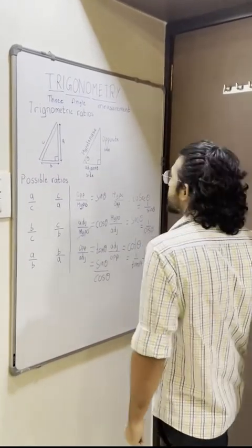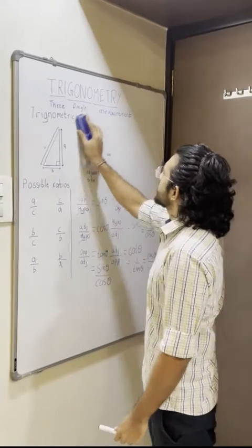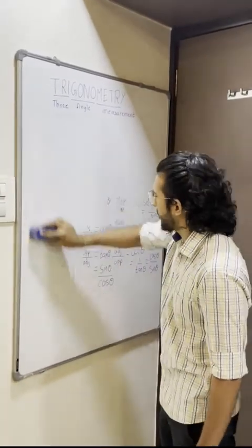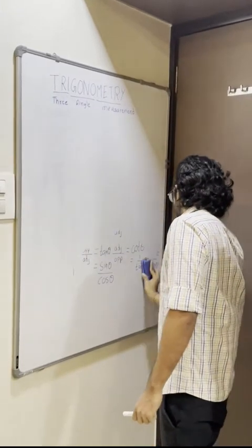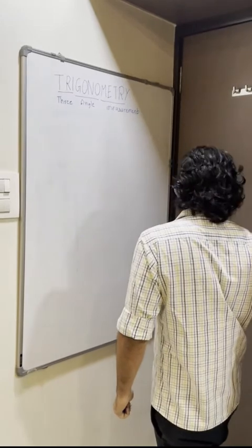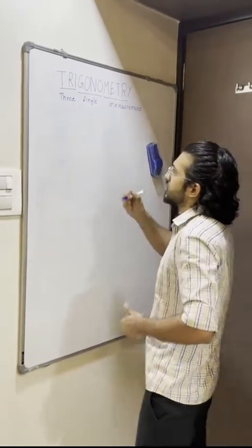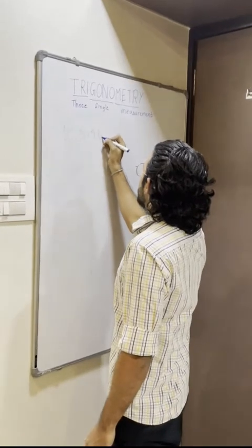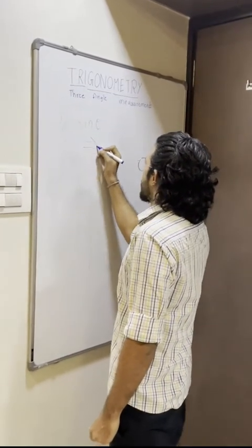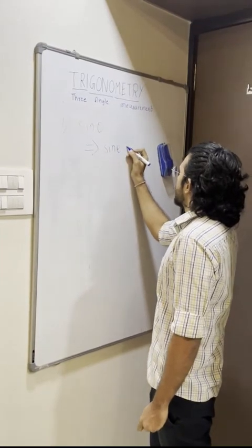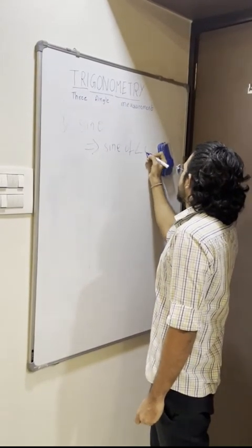Now let us see the full forms of these 6 trigonometric ratios. The first one, sin theta, which implies sine of angle theta.